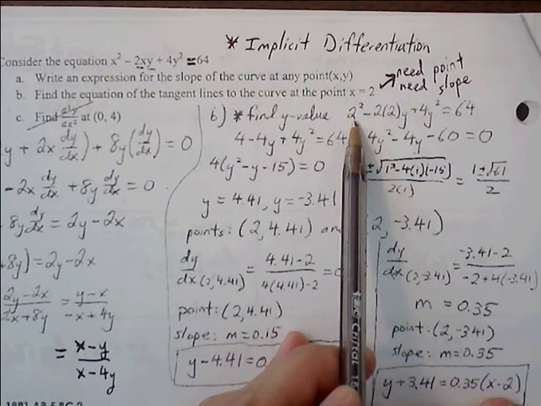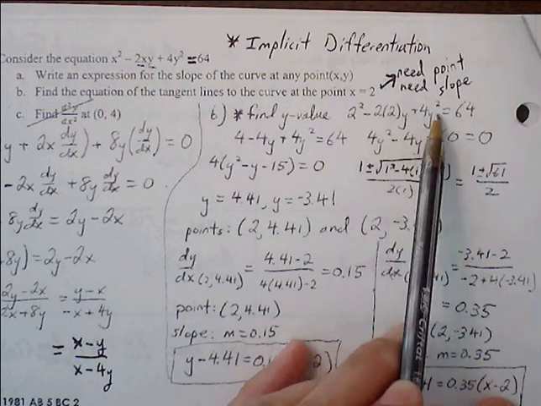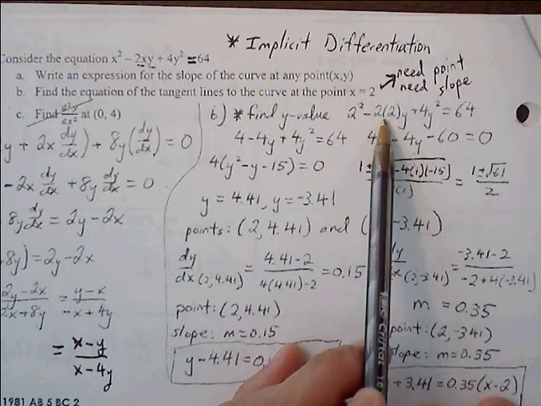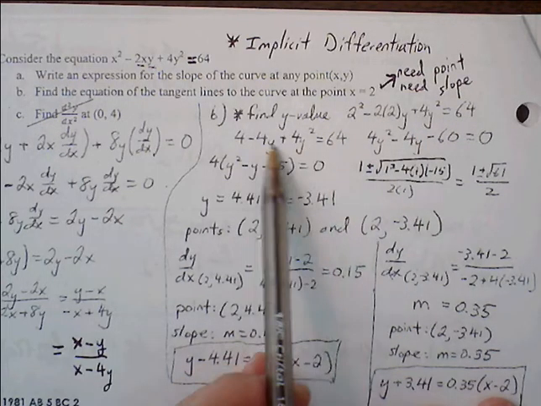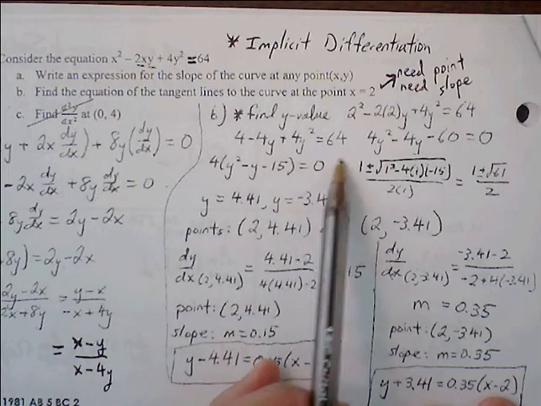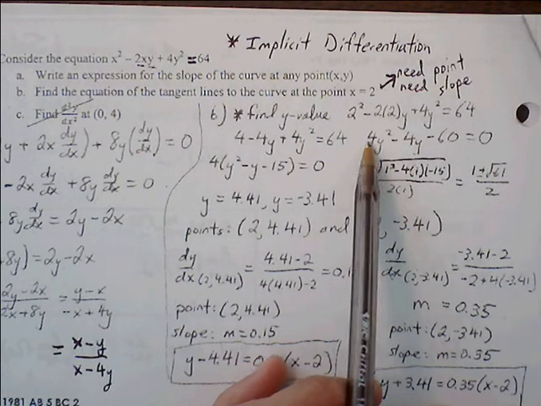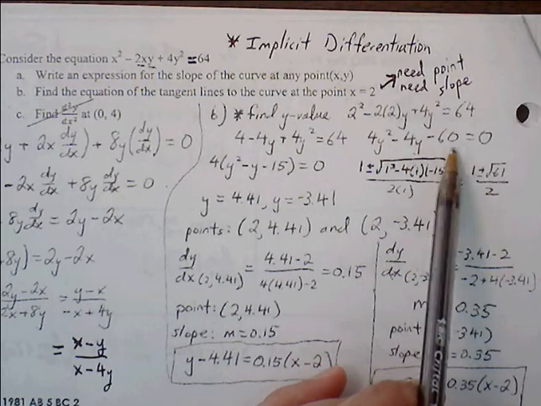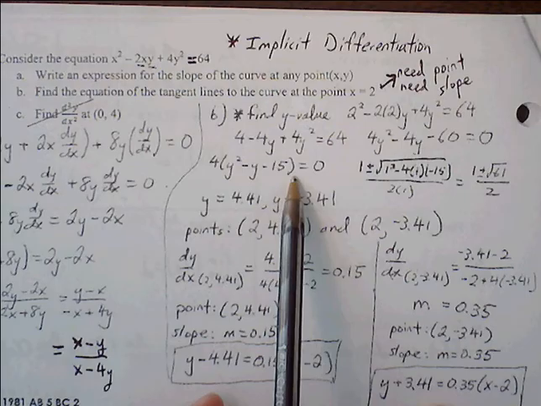If I replace every x with 2, then I can solve for y. So 4 minus 4y plus 4y squared is equal to 64. I bring 64 over to one side, then factor out a 4, and I'm left with y squared minus y minus 15.